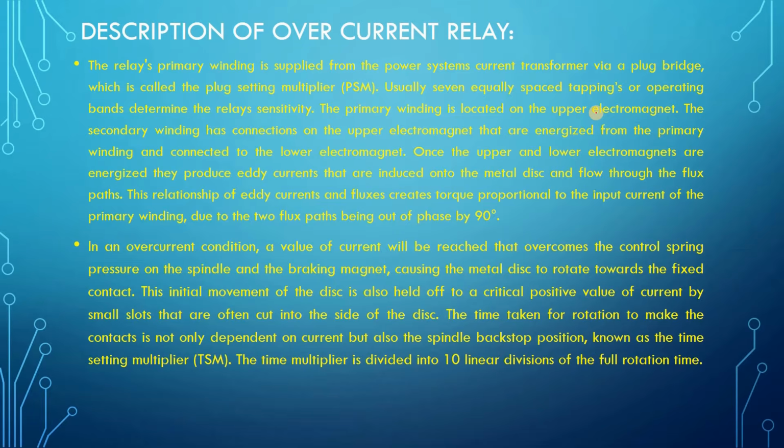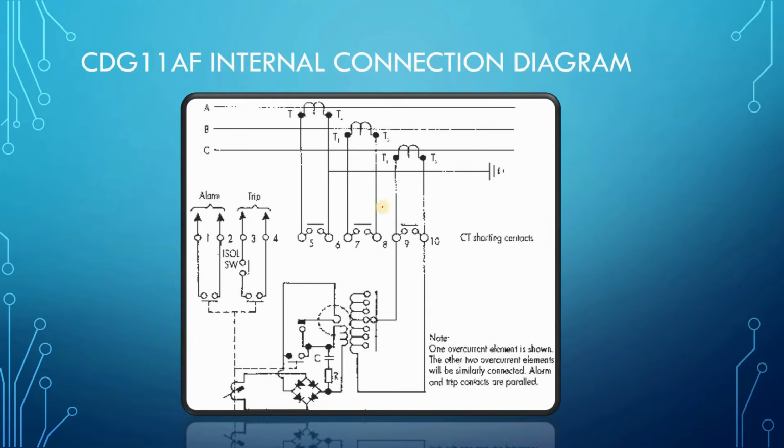That's why the primary winding is supplied from the power system CT via a plug bridge. That means it is also not directly connected. It is connected from the CT, then via the plug bridge to the primary winding of the relay. If we see here, this is the general diagram.